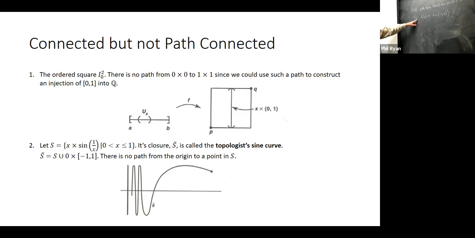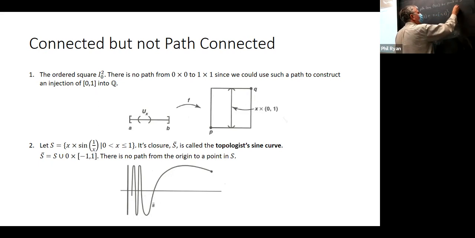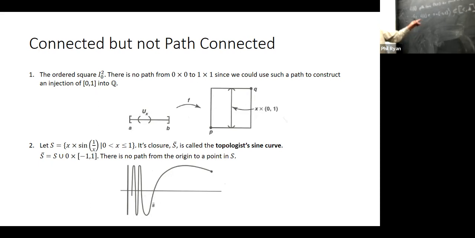This is some subset of our closed interval in R. Remember, a path is a function from our closed interval to our set here. This then is a closed set, because it's the pre-image of a closed set.